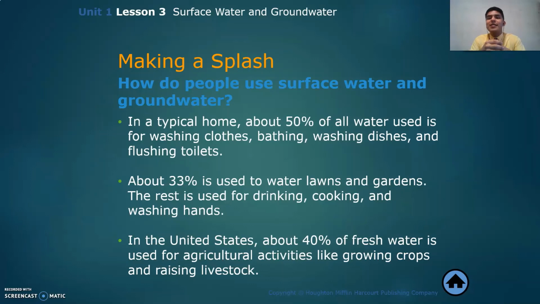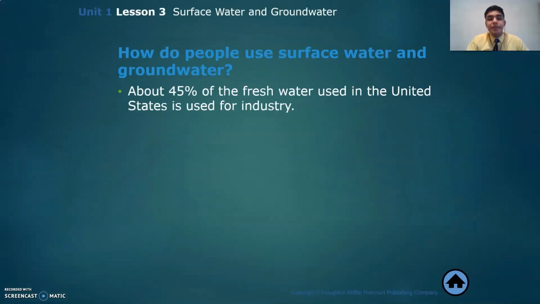Especially in the United States, they use a lot of water for growing plants to have a big enough supply of food for the population, and of course for exporting to other countries.